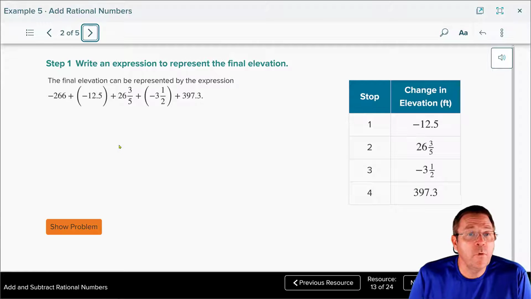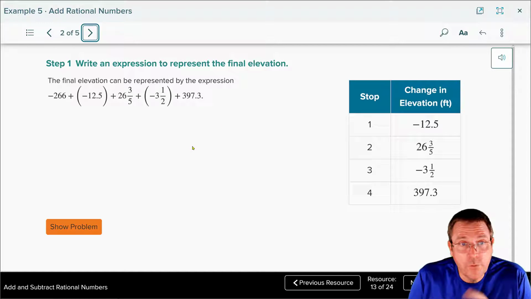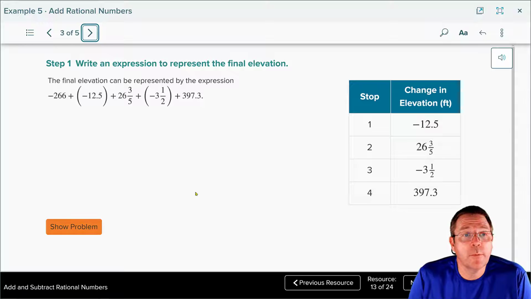Now, they told us before, we can regroup these problems into a pattern that makes sense. We can put all of our decimals together, and we can put all of our fractions together. But be careful doing this. You need to make sure you move the proper signs with the proper numbers.